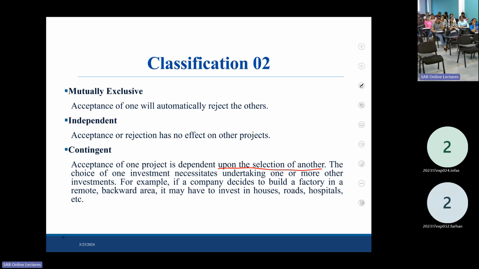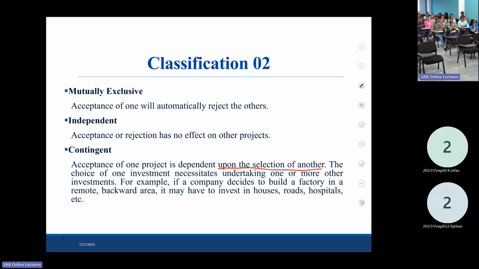Likewise, certain projects are connected to this main project, like an umbrella. That we call a contingent type project. We are not discussing this contingent type project; we evaluate only the independent and mutually exclusive projects. In the contingent type, there are connected projects, so we have to look at all of them.